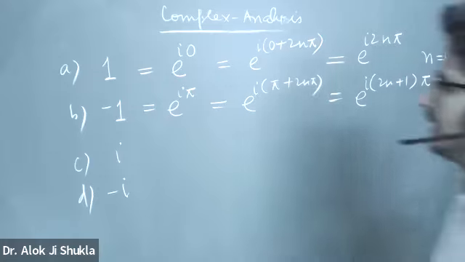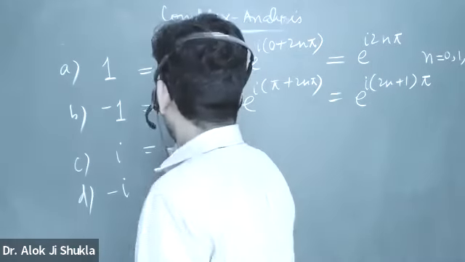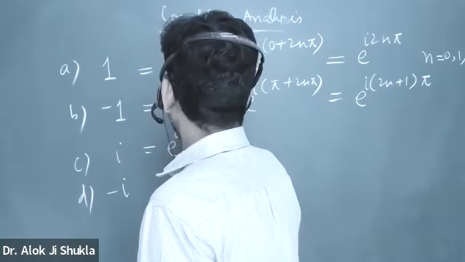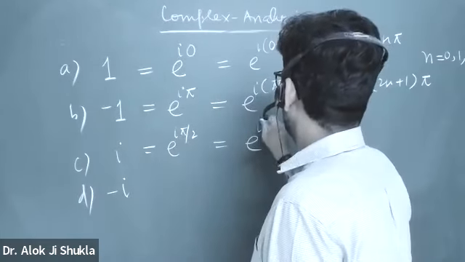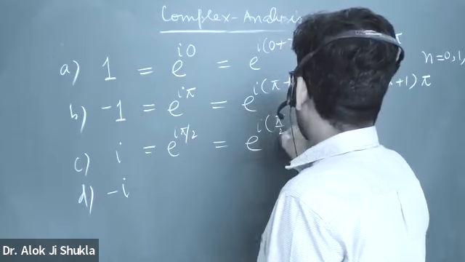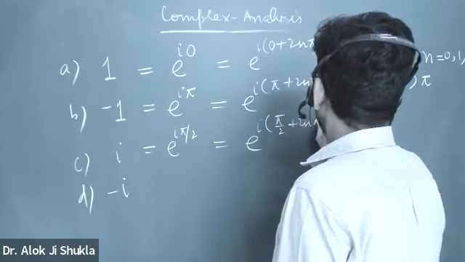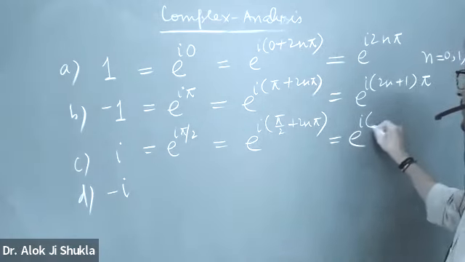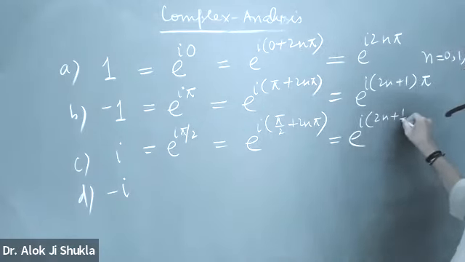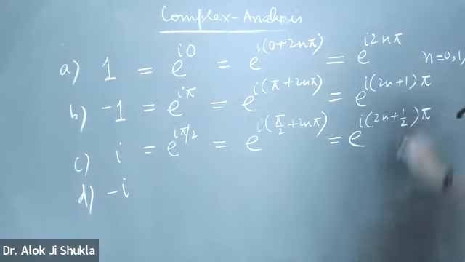And iota is e to the power iota pi by 2, which is e to the power iota pi by 2 plus 2n pi, which is e to the power iota 2n plus half and pi.